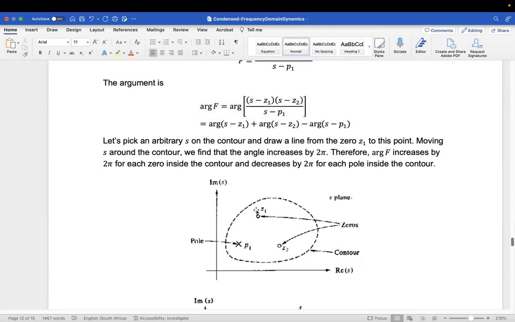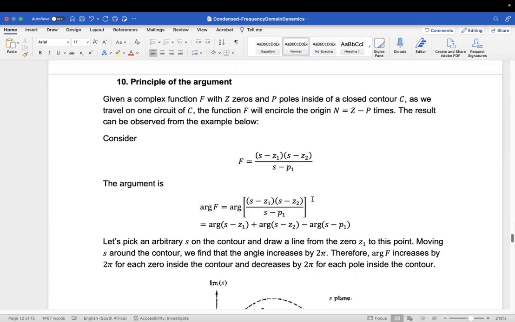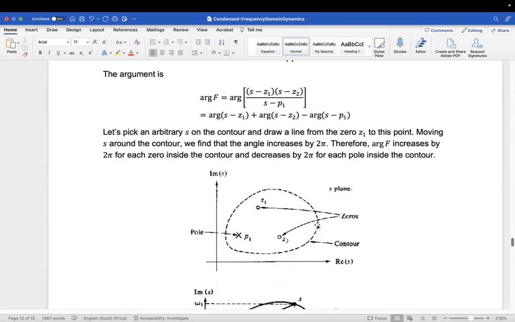And we've drawn a contour, and we can see here that we have the 2 zeros shown, and we have 1 pole shown. And according to the principle of the argument, if you have this contour C, and if you travel around a closed circuit of C, so in other words, if you consider different S values, so let's say we started here, and this was the S value of the real part being, let's say, 3, and the imaginary part being maybe 1.5.